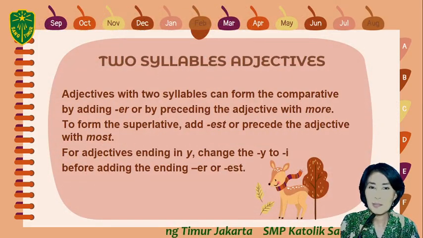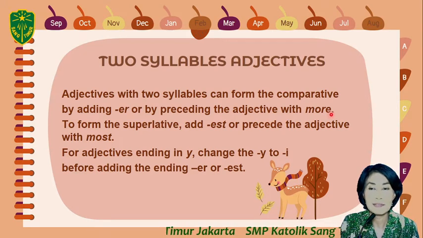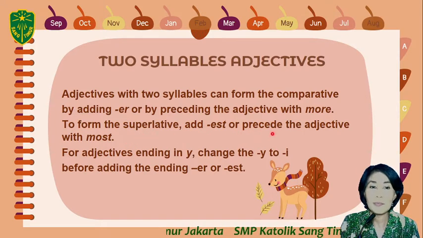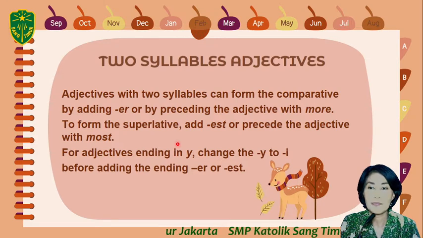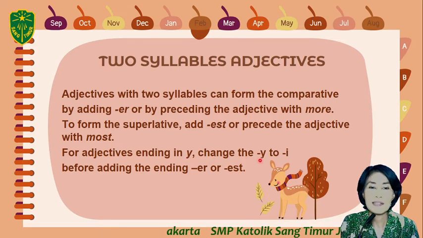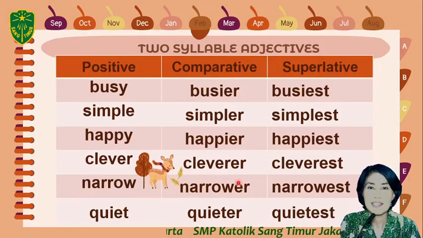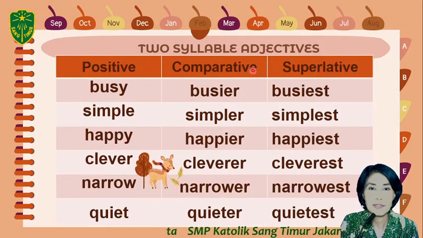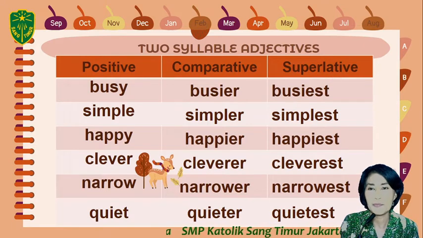Adjectives with two syllables can form the comparative by adding ER or by preceding the adjective with more. To form the superlative, add EST or precede the adjective with most. For adjectives ending in Y, like study, busy, change the Y to I before adding the ending ER or EST. Let's see the example. Positive, comparative, superlative.